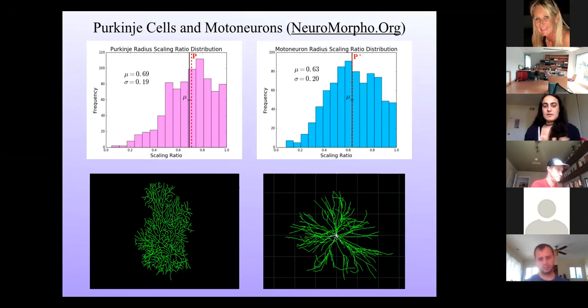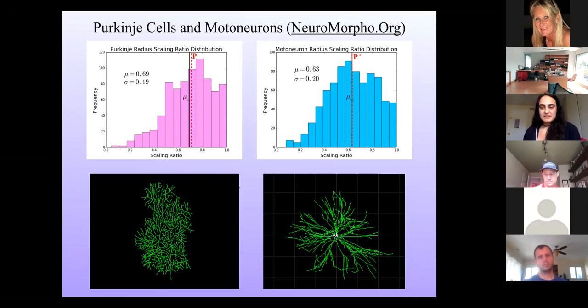And this makes sense based on what we know about the biology, because the Purkinje cells are in the cerebellum, which is a brain region that's associated with voluntary motor control. And motoneurons are in the spinal cord, and they connect to sensory neurons and also connect directly to muscles and are part of the sensory motor system, which is often associated with very rapid reflexive movements and responses to the environment.